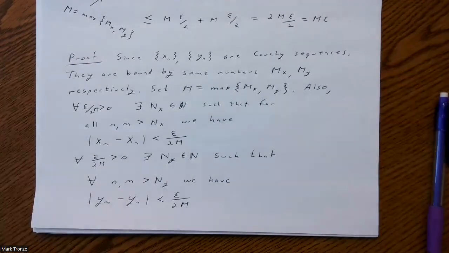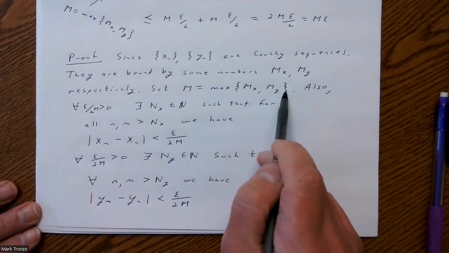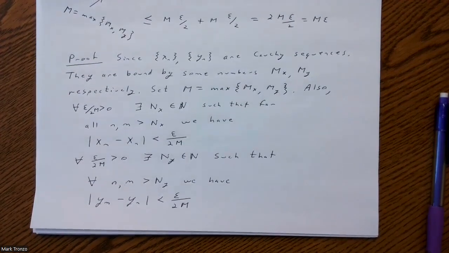And so now, and again, if you wanted to just be sure, when you do this max here, you could include 1 just to make it a little bit cleaner so that you wouldn't have a real small number for m.